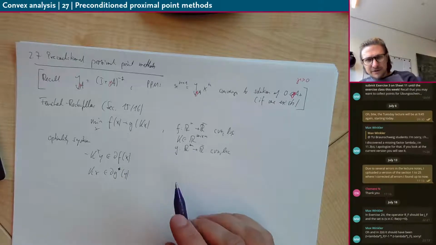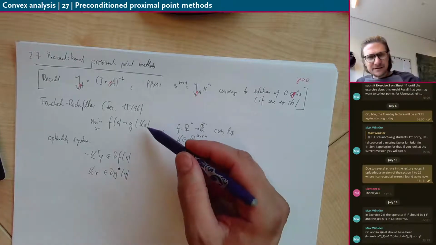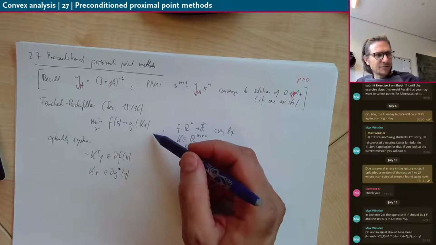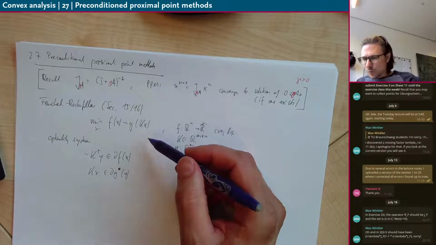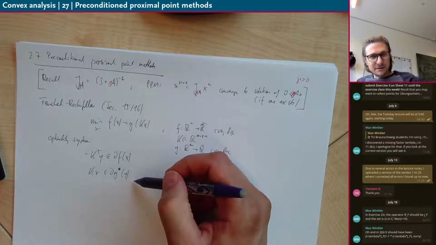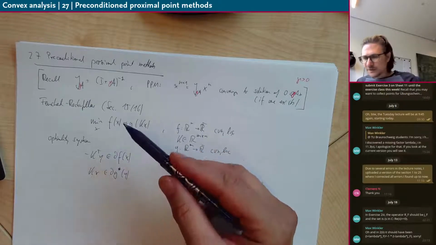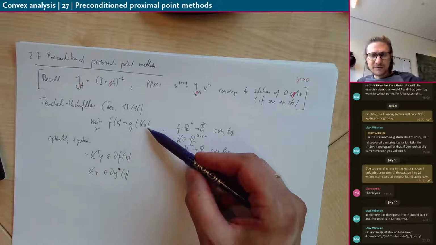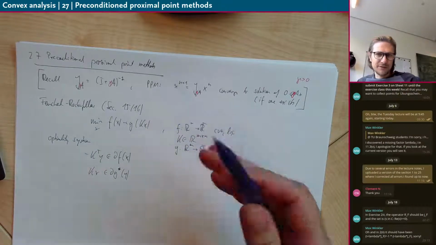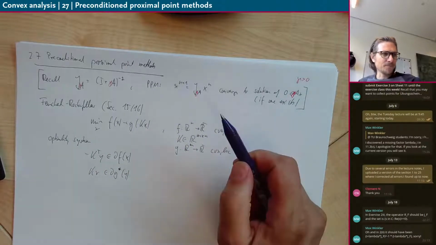In the context of Fenchel-Rockafellar, you can say that x is a solution of this minimization problem if and only if there exists a y such that these inclusions are fulfilled, and this holds if and only if y solves the dual maximization problem, or x and y are a simultaneous solution of the saddle point problem.